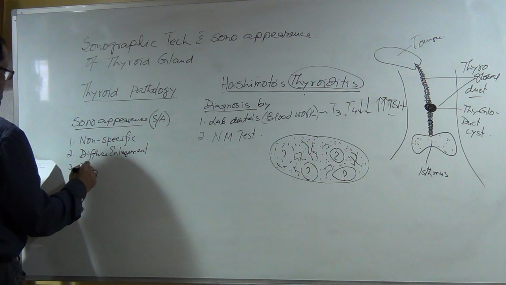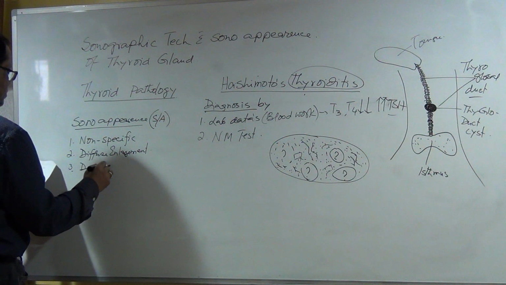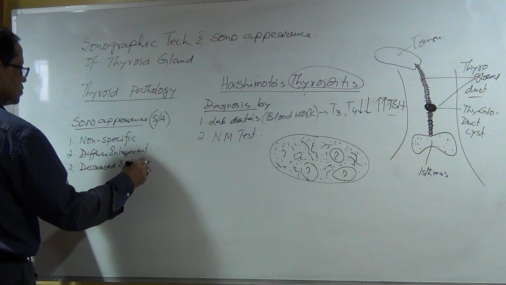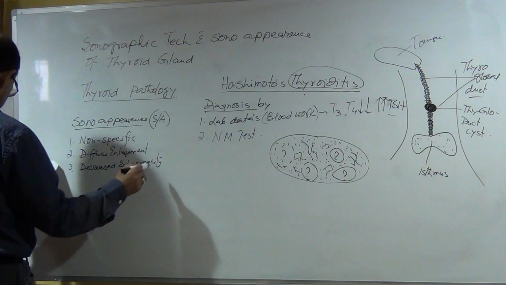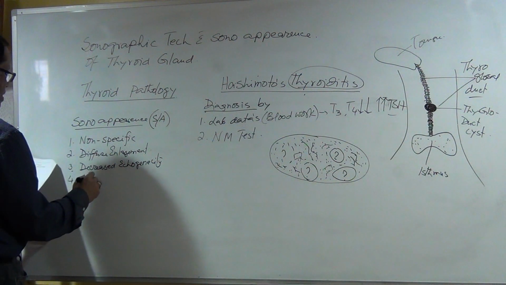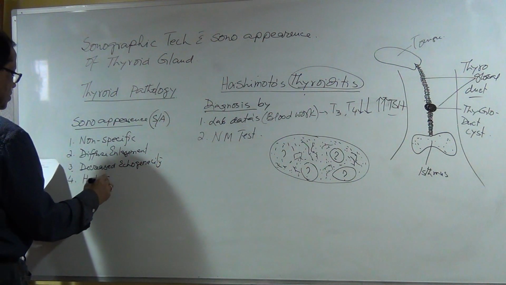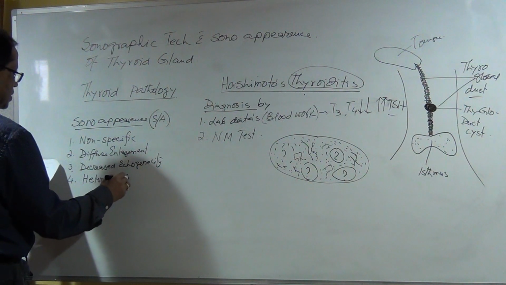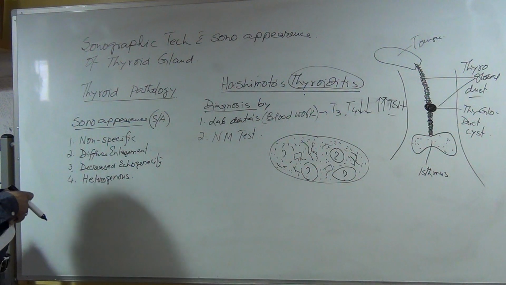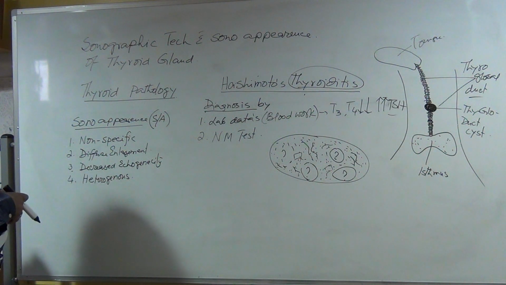Decreased echogenicity and heterogeneous. The thyroid gland is heterogeneous. With diffuse enlargement, you get the enlargement in length, width, height, and echogenicity will be decreased.